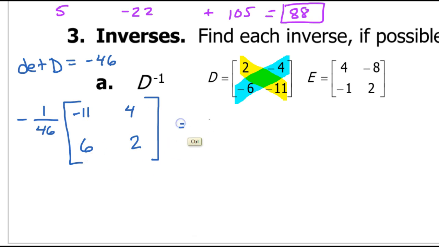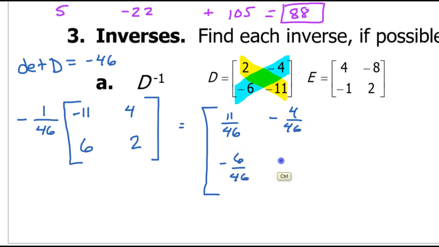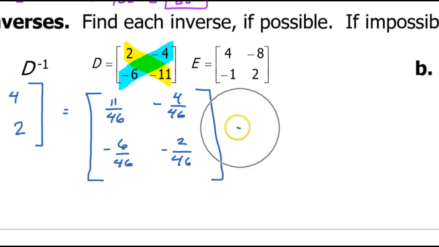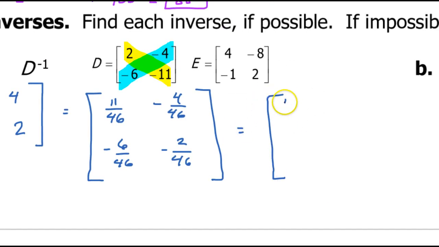So multiplying by 1 over 46 is really just dividing everything by 46. So this would be positive 11 over 46 and negative 4 over 46 and negative 6 over 46 and negative 2 over 46. All right, of course, we will reduce everything that we can. So for the final answer, you're going to have 11 over 46.